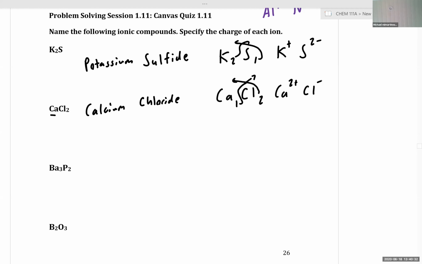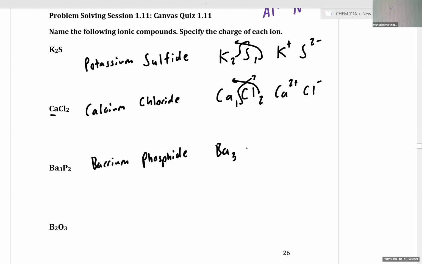Continuing on, for Ba3P2, we name our cation, which is barium. And then we name our anion, which is phosphorus, and we change the ending to IDE. So phosphorus turns into phosphide.